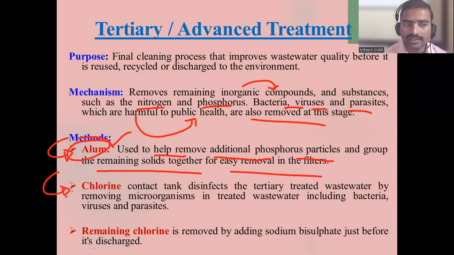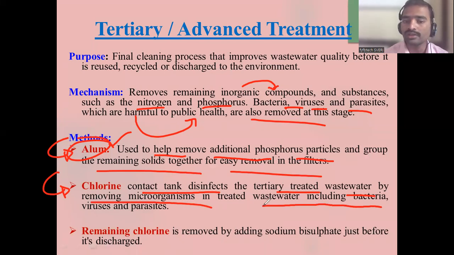Then again there is chlorine. For disinfection, if there are bacteria which are going to harm human beings, then those bacteria are removed with chlorine. The chlorine tank disinfects the tertiary treated wastewater, removing the microorganisms in the treated waste, including bacteria, viruses, parasites. All those are removed by the chlorine.